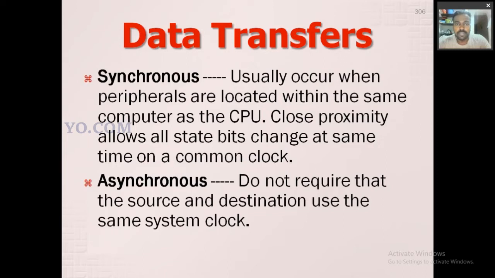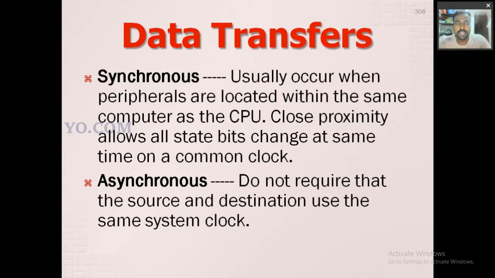The microprocessor doesn't have any I/O, that is no input, no output. If you want to connect a mouse, we need a mouse driver along with the input output device. If you want to connect a keyboard, we must have a keyboard interface along with the microprocessor.